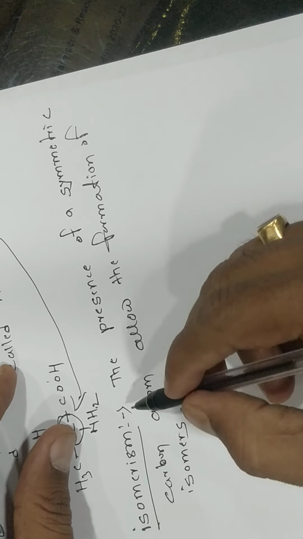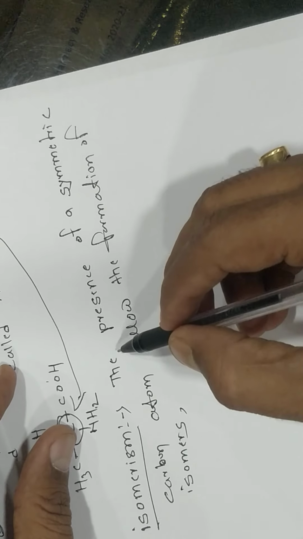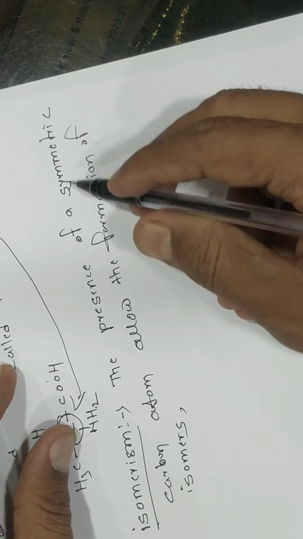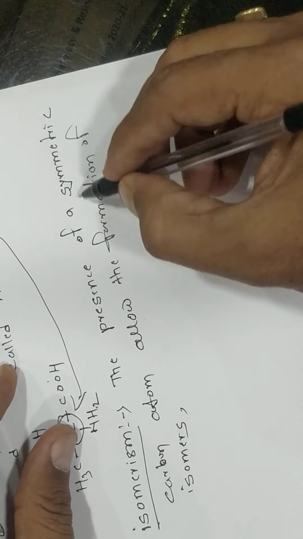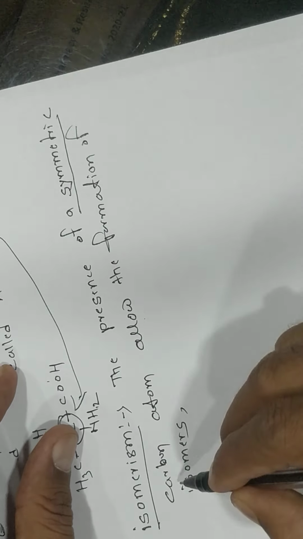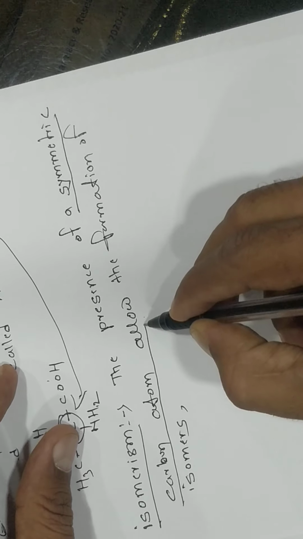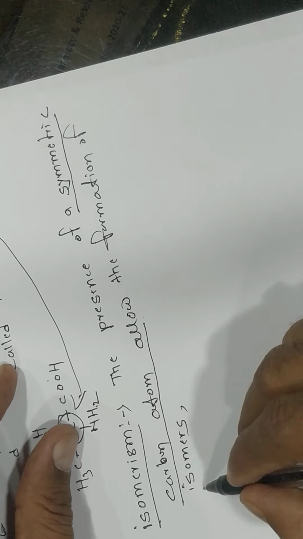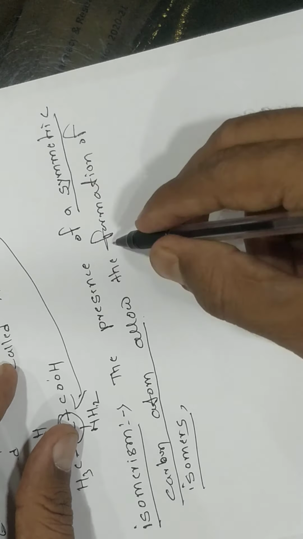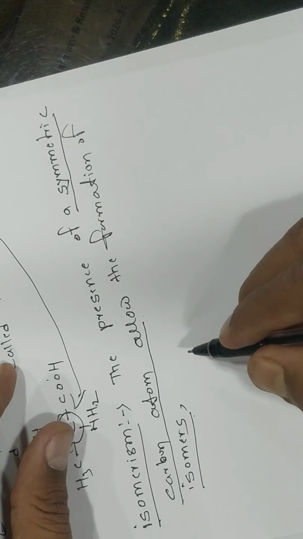The presence of an asymmetric carbon atom is a property of isomerism. A compound having an asymmetric carbon atom forms isomers.